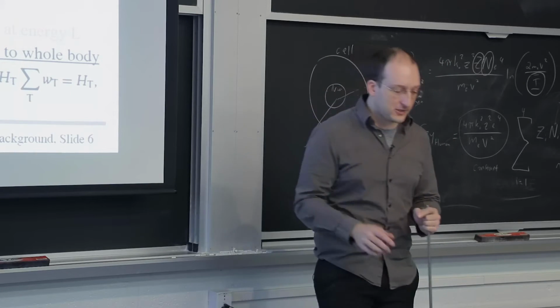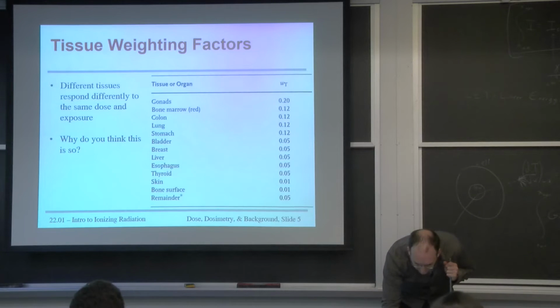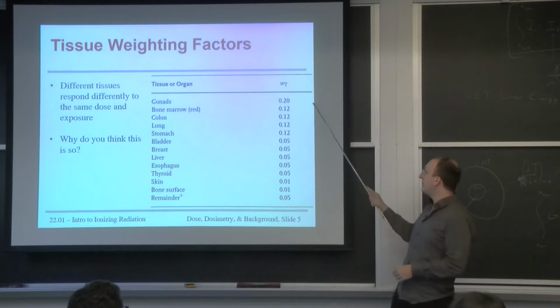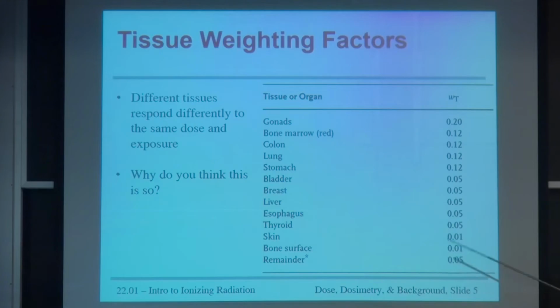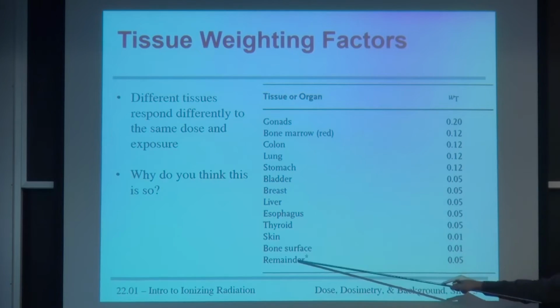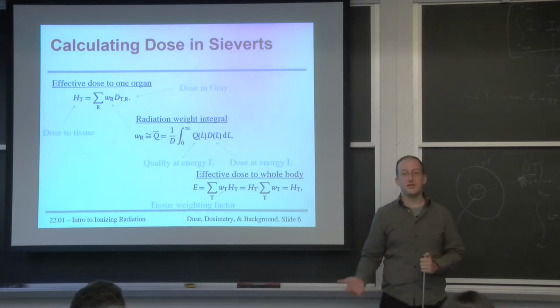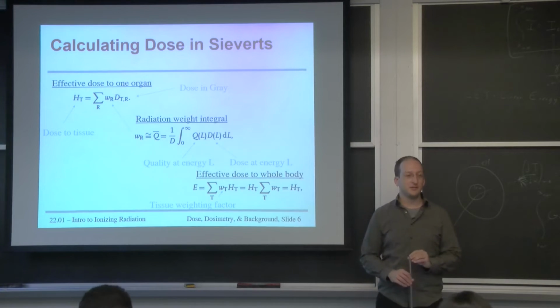So the whole body dose should sum up to 1. And I believe I remember doing this calculation, but it may be worth your while to just try it. These numbers should sum up to 1 because all of these individual organs plus the remainder of your body should constitute the whole body. And so this is, in a nutshell, how you do these dose calculations.